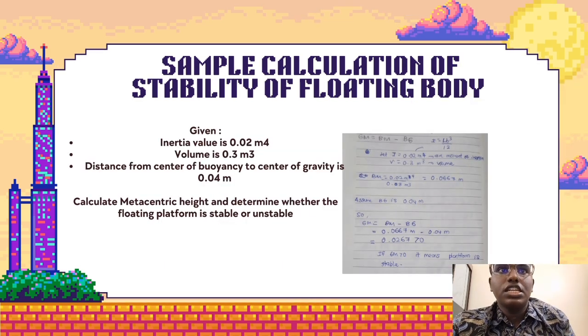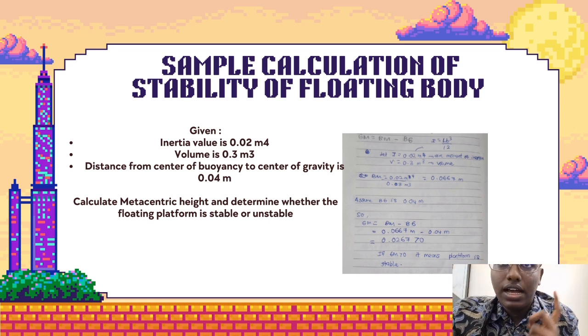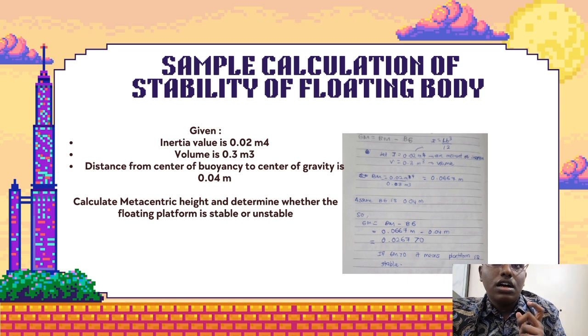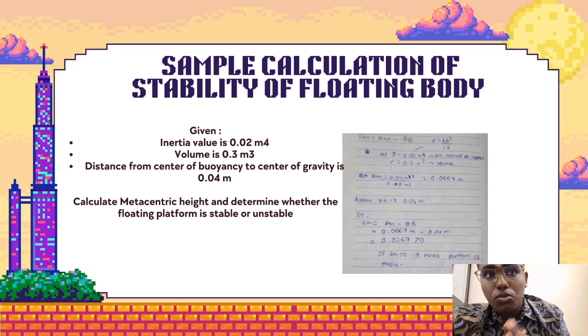Next, sample calculation of stability of floating body. The formula used for this calculation is GM equals BM minus BG. After you calculate the answer, the metacentric value must be positive. If positive, it means stable, more than 0.